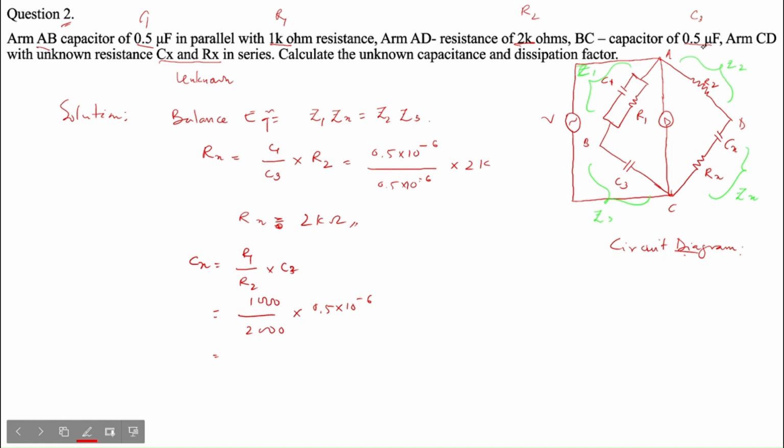Solving this, we get the Cx value equals 0.25 times 10 raised to minus 6 farad. So this is 0.25 microfarad.